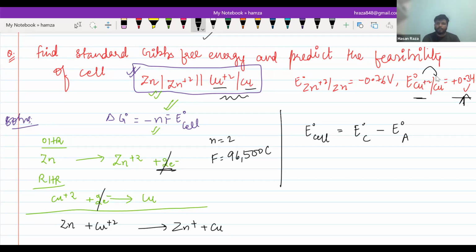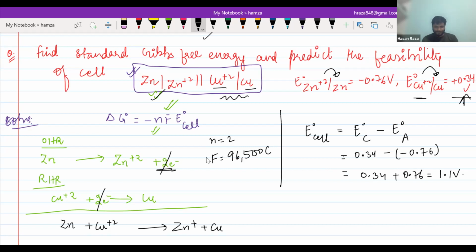Cu plus 2 going into Cu is a standard reduction potential, so just write it as it is, 0.34 minus. At the anode, zinc on the left hand side, this is also a standard reduction potential given, so you put the value the same as that. You will get the answer 0.34 minus (minus 0.76), that is equal to 1.1 volt. You got all the answers.